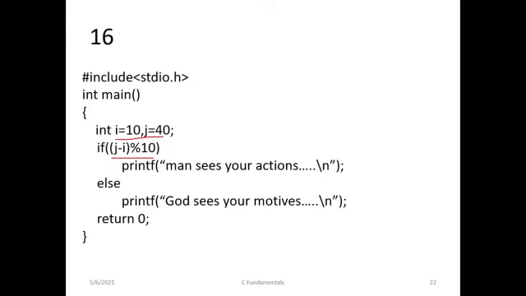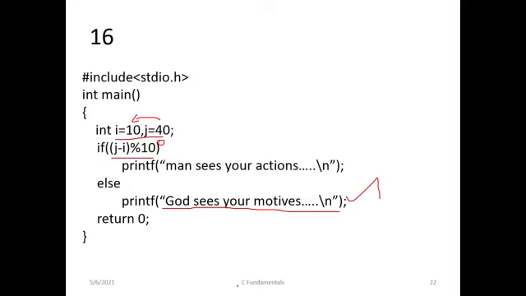The output of this expression will be either 0 or 1. So whatever the value, either a 0 value or a non-zero value we are getting, based on that this will get satisfied or not satisfied. j minus i, 40 minus 10, that is 30 modulo 10. 30 modulo 10, remainder is 0. 0 means false. So "God sees your motives" will get printed.